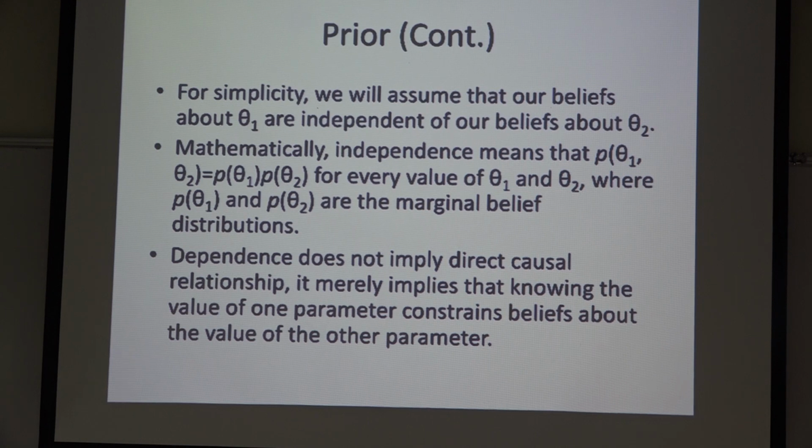So dependence and causal relationship are different. The dependency just implies that knowing the value of one parameter constrains belief about the value of the other parameter. That is the dependence. But the causal relationship is a much stronger definition.